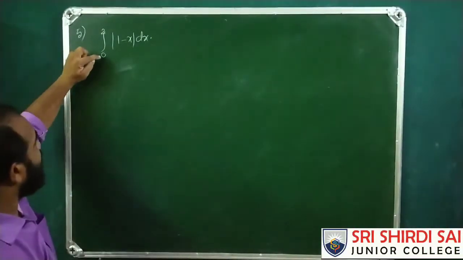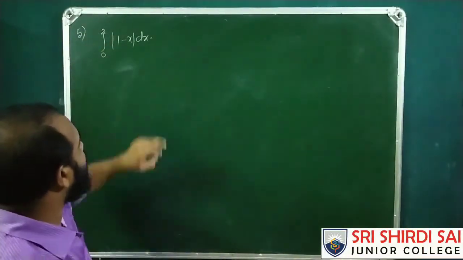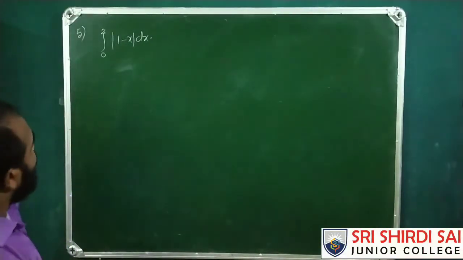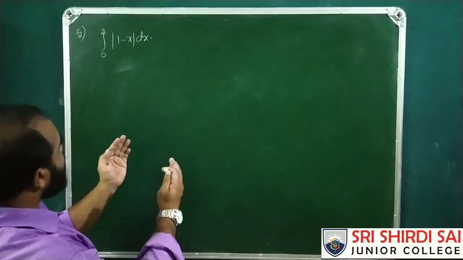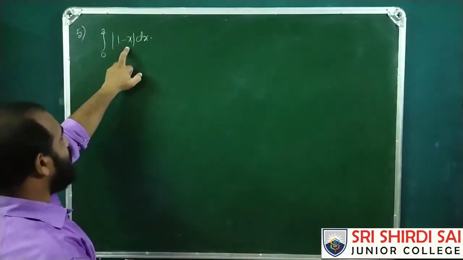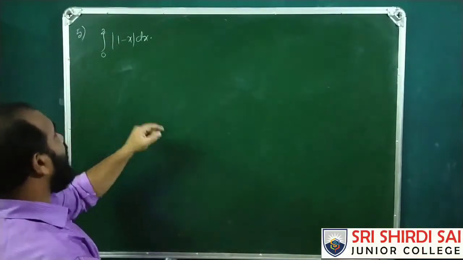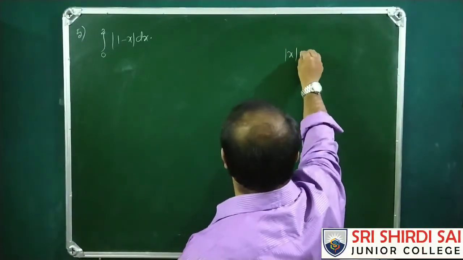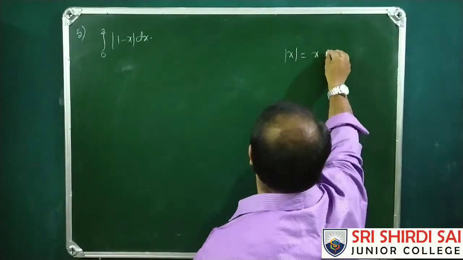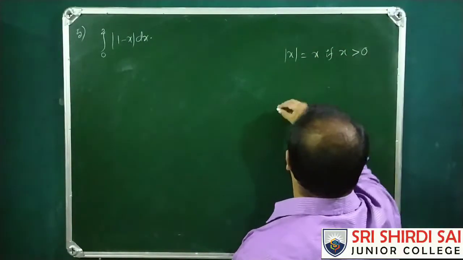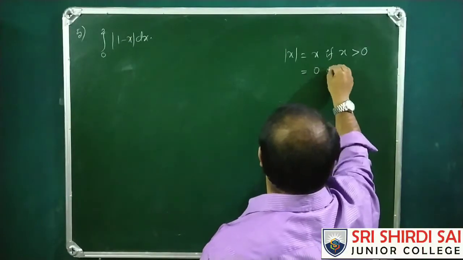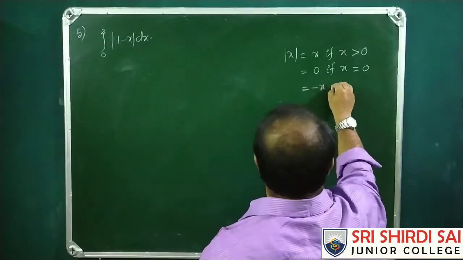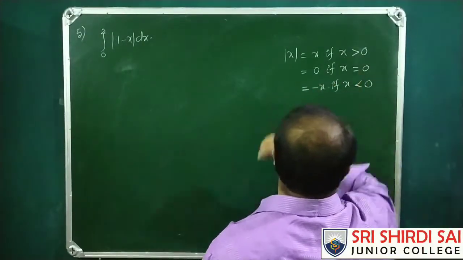So the next question is the integral from 0 to 2 of modulus of 1 minus x dx. We don't know between which interval this modulus function is positive and between which interval it is negative, because modulus of x has a property: modulus of x equals x if x is greater than 0, equals 0 if x equals 0, and equals minus x if x is less than 0.